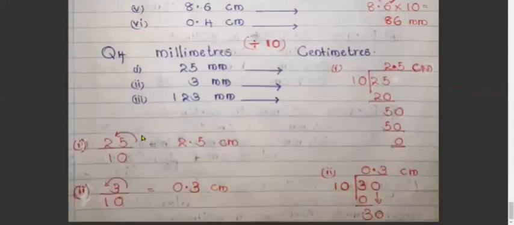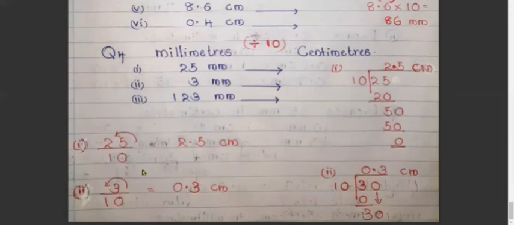Then the same question you can do another way. 25 divided by 10. You know, children, when you divide any number by 10 or 100 or 1000, the answer will be less.